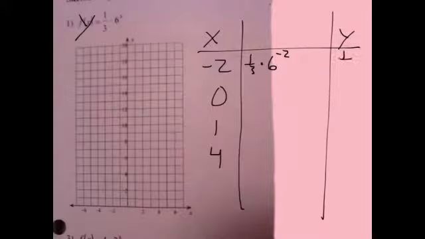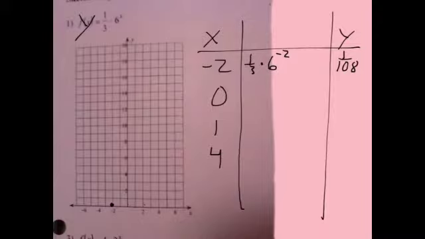So we have a really small fraction, 1/108, and that's fine. That'll be right on the axis. So right here at -2, 1/108 is practically on the x-axis there, really far down.